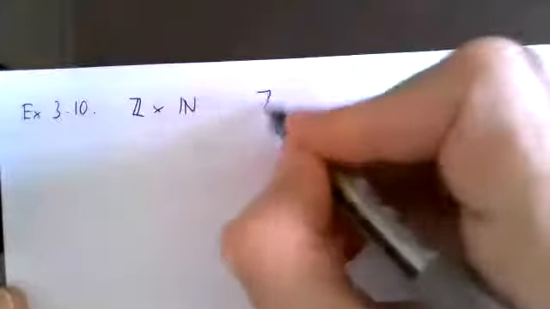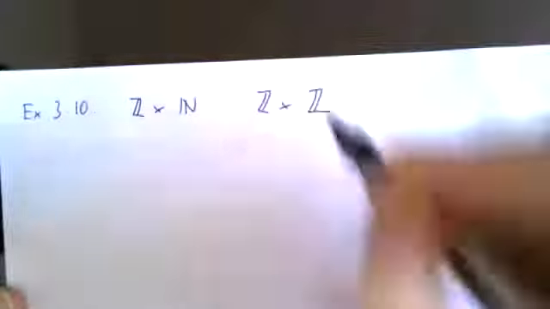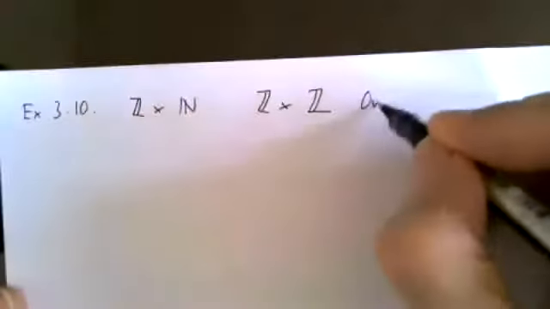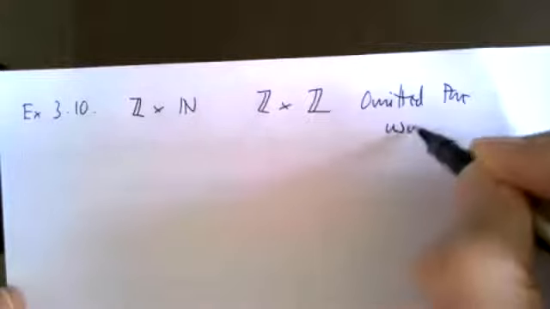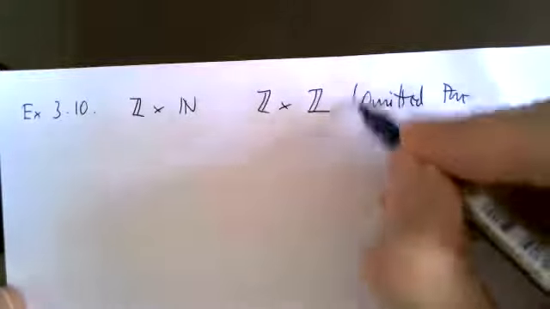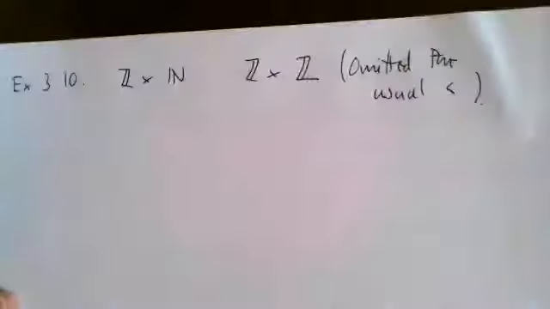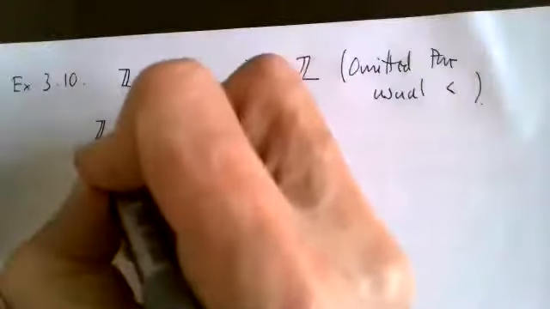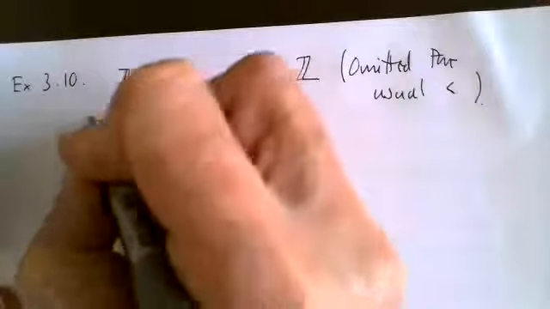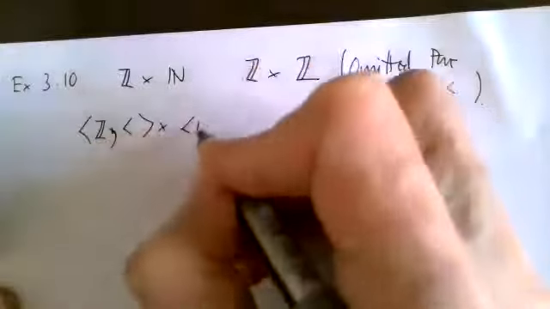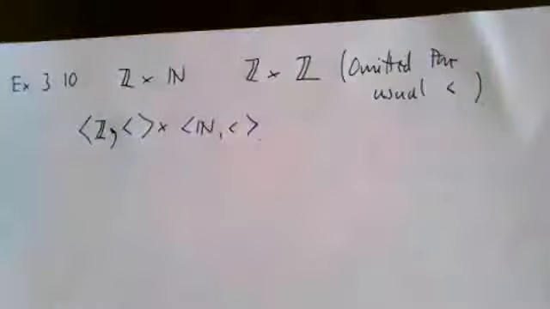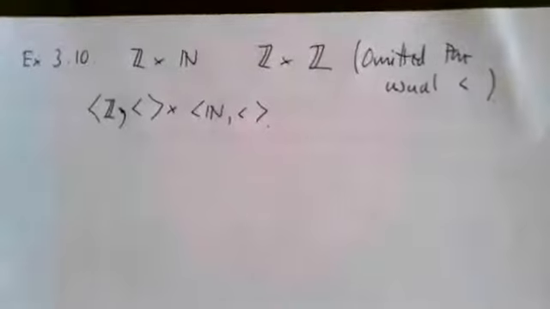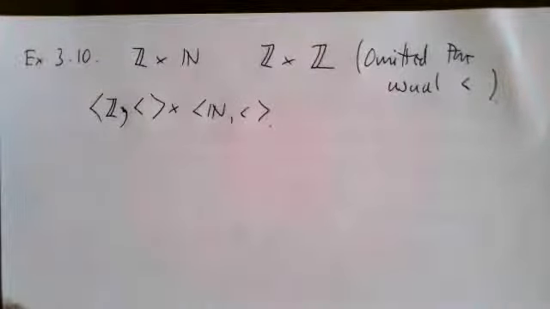Let's look at Z cross N and Z cross Z. I've omitted the less than here. I mean, it's understood here that this here is the usual less than, and this here is the usual less than. It's just saving space.